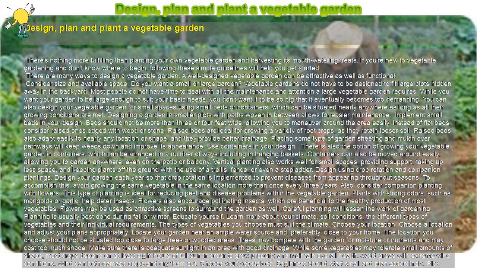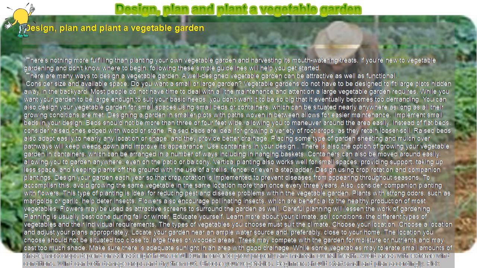Vertical planting also works well for small spaces, providing support, taking up less space, and keeping plants off the ground with the use of a trellis, fence, or even a stepladder.